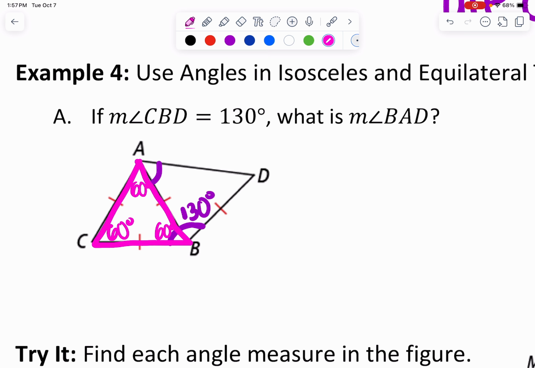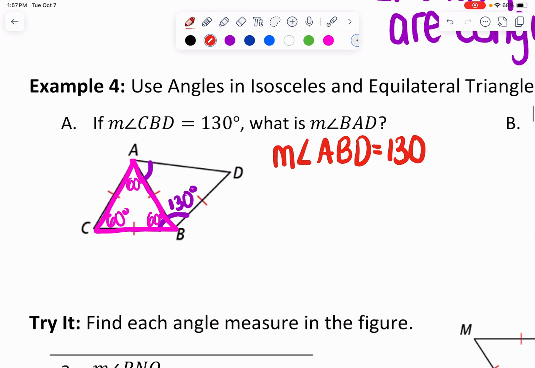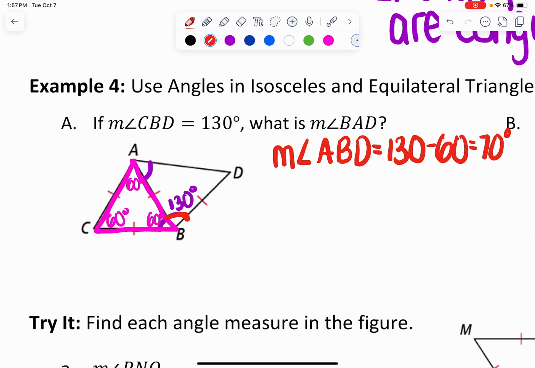Then what I can tell is if the whole thing down here is 130 and part of it's 60, then the measurement of ABD would just be 130 minus 60, which is 70 degrees. So I'm now going to fill this in right here.